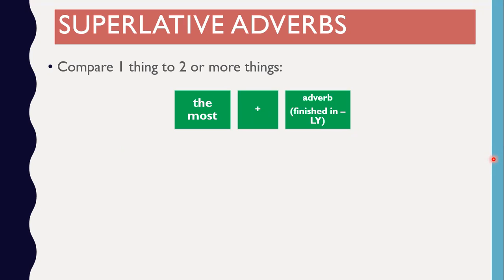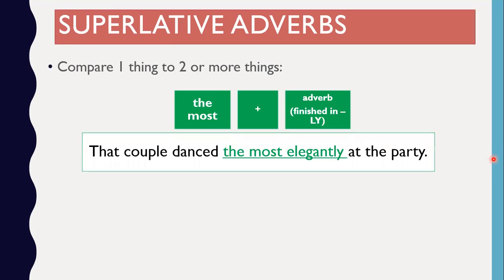And the adverb finishes with ly. The couple danced the most elegantly at the party. So how many couples here do you think? More than two, right? It must be more than two.